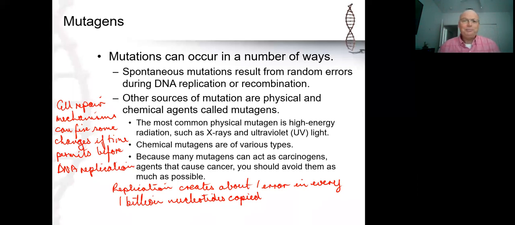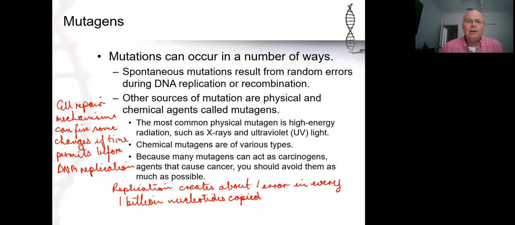So once the replication process begins, it's too late to fix whatever change has taken place. Now, not all mutations can be fixed by the repair mechanisms. It's usually physical changes to the DNA, and there are some mutagens that create physical changes to the DNA. Those can typically be identified and repaired.